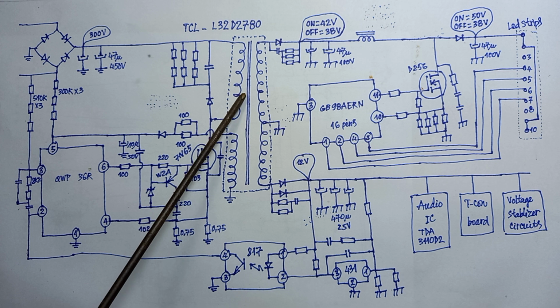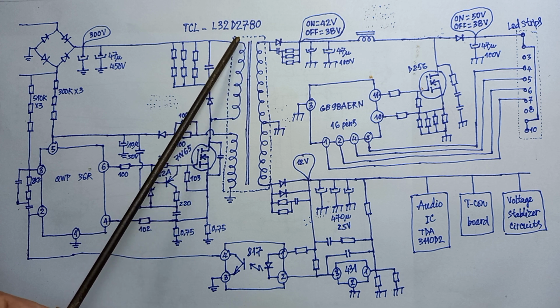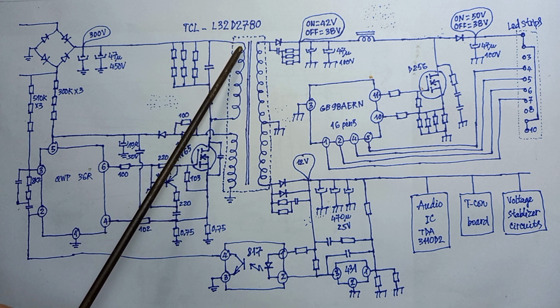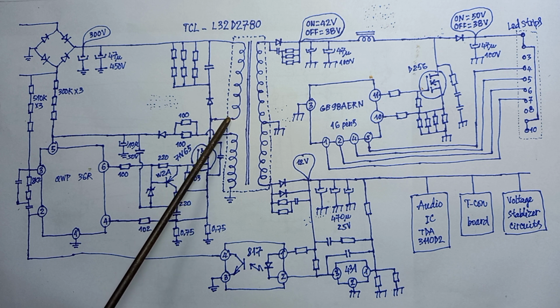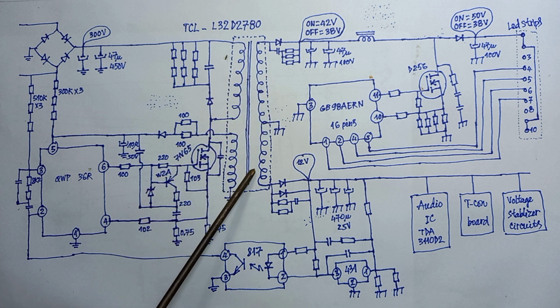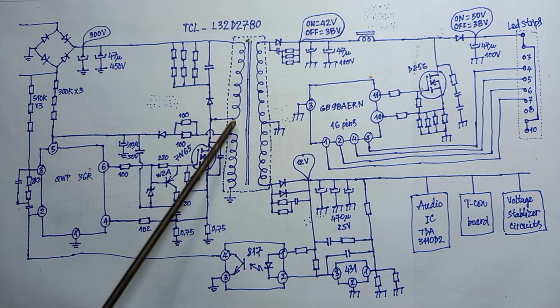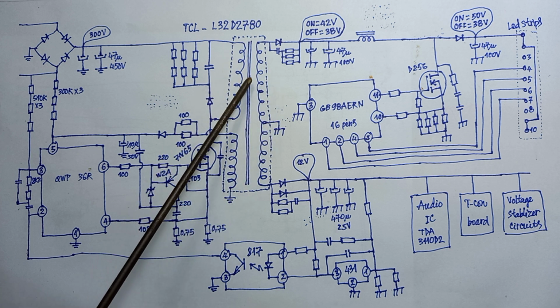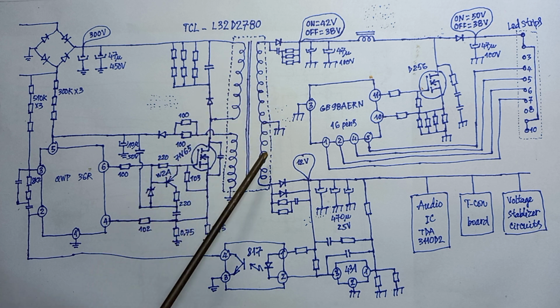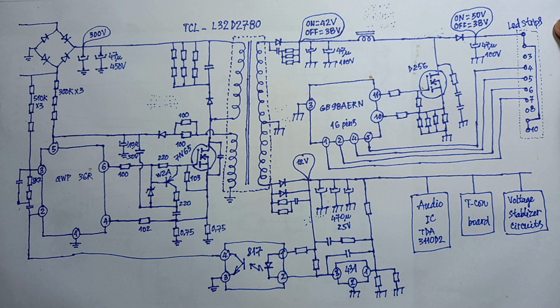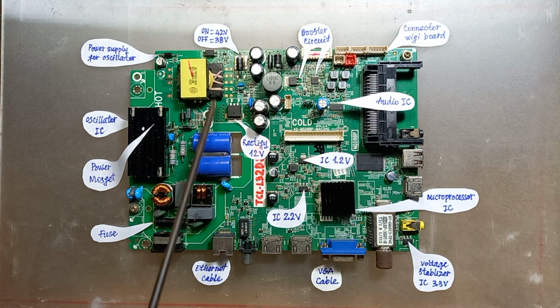The magnetic field will flow in the iron powder core. So all secondary windings of the transformer will induce electricity. Here is the transformer.